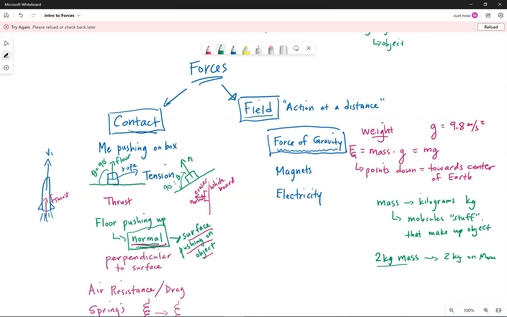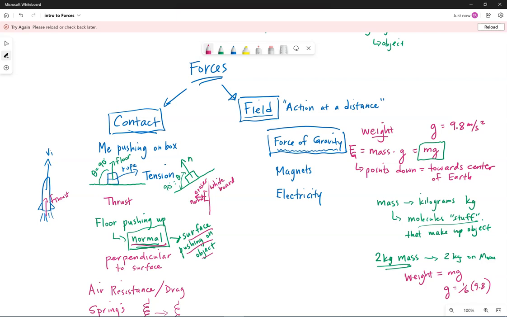Mass is completely and totally related to the number of molecules making up that object. The actual weight is the force of gravity on Earth, mg, where g is 9.8. If we went to the moon with this example, the weight would be mg, but g on the moon is approximately 1/6 of 9.8, which is not a value you need to remember.